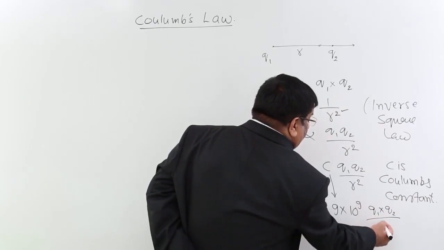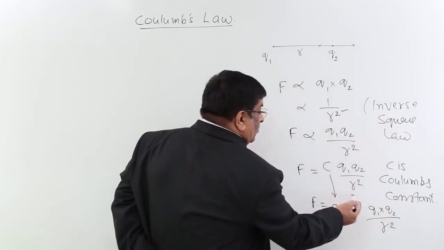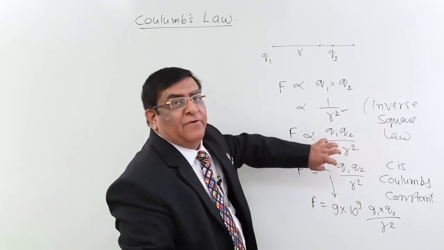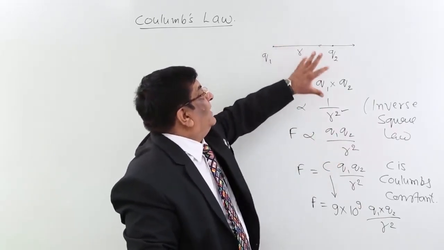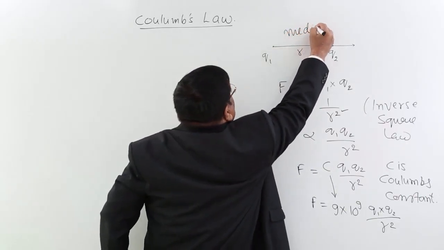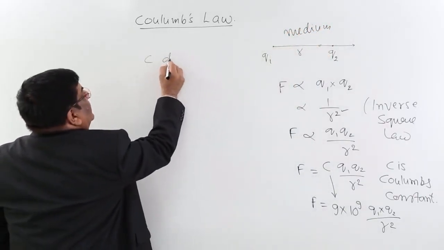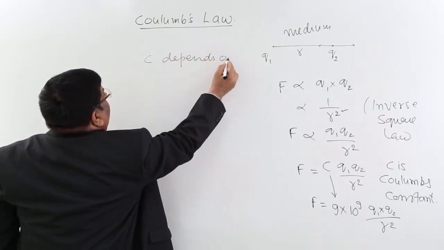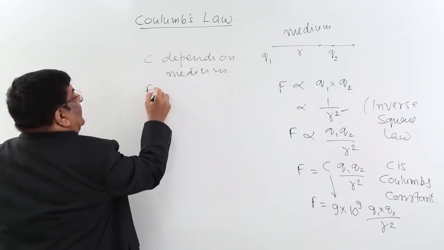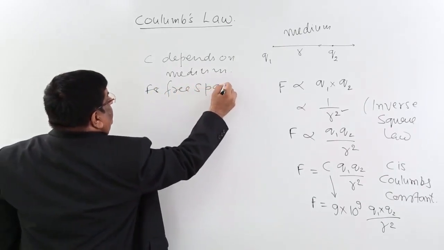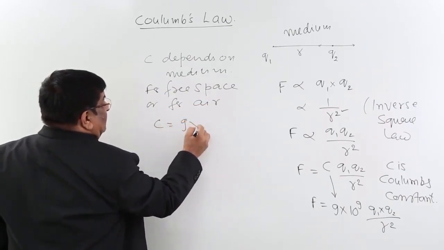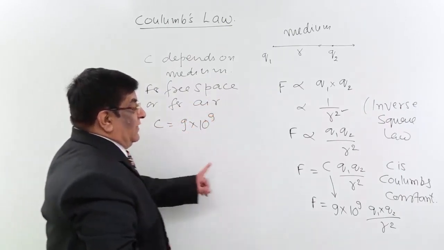This is the value of Coulomb's constant, and C is affected by the surroundings of these charges, that is, it depends on the medium. For free space or for air, C has a value 9 into 10 to the power 9, and now we can fix up its unit.